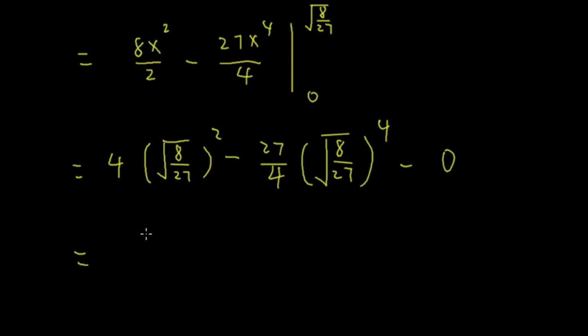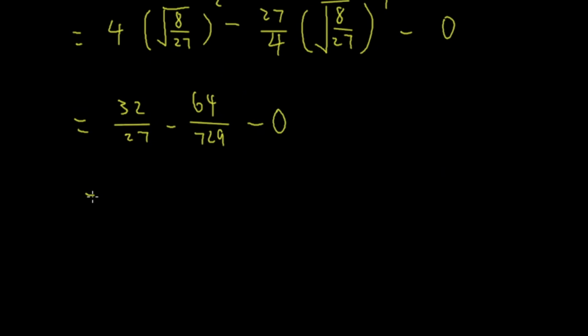What's this equal to? 32 over 27 minus 64, right? This one is 64 over 729, minus 0. Find the common denominator. You have 864 over 729 minus 64 over 729. Okay, minus 0 is just nothing.